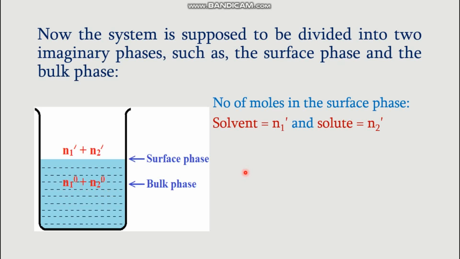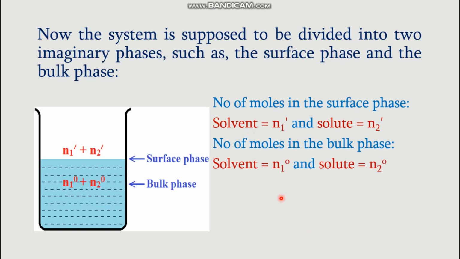So the number of moles in the surface phase: solvent has N1 prime and solute has N2 prime. In the bulk phase, N10 moles of solvent, N20 moles of solute. So that N1 equals N1 prime plus N10, that is the number of solvent moles in the surface plus the number of solvent moles in the bulk.